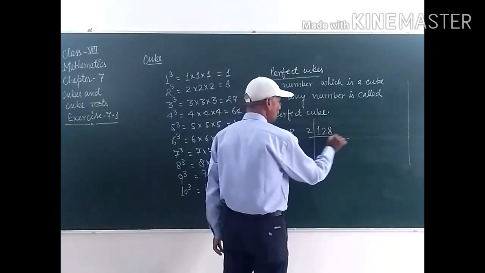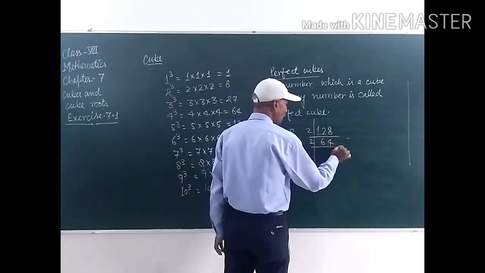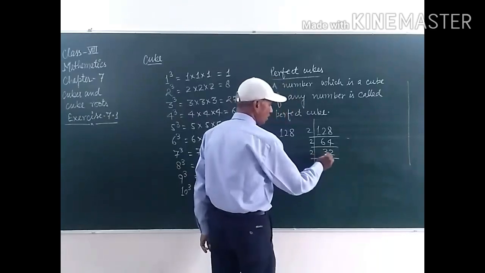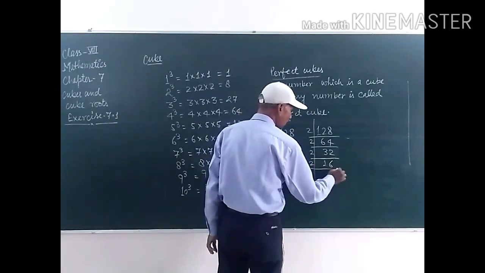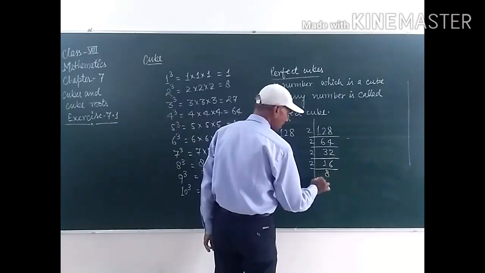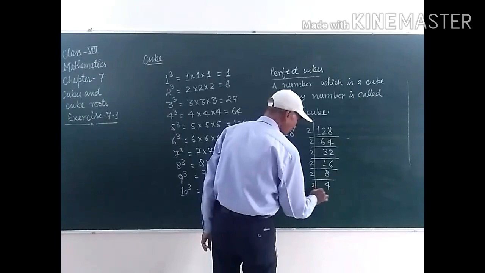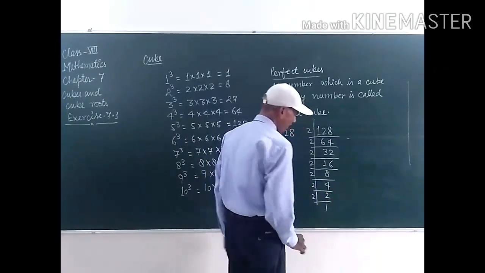Divided by 2, this one is 64, again by 2, this one 32, by 2, 16, and again by 2, this one 8, again by 2, this one 4, by 2, this one 2, and again by 2, it is 1.